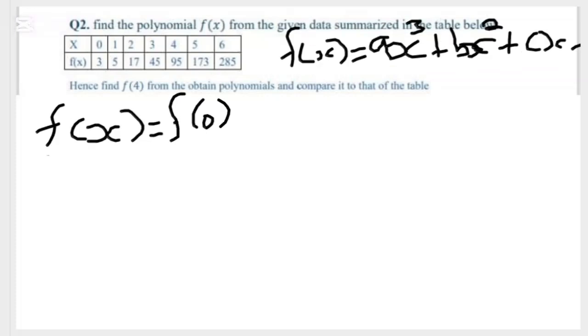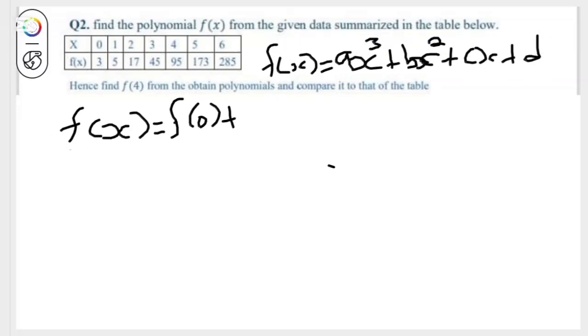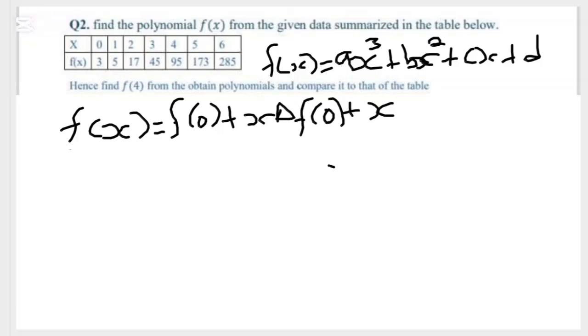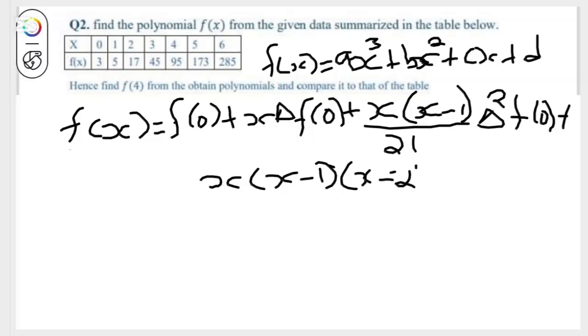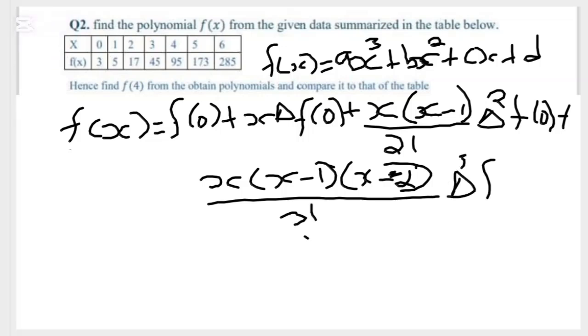As f of 0, and also plus x of this f of 0 plus x by 2 factorial, and we have f of 0 plus, we have x here, x minus 1, and also we have x minus 2, x minus 2 divided by 3 factorial up to infinity.